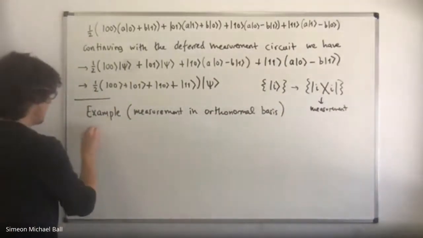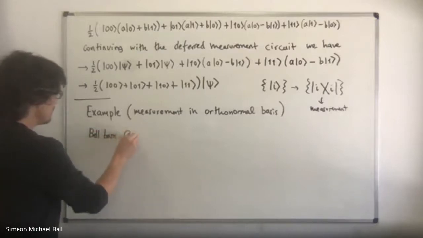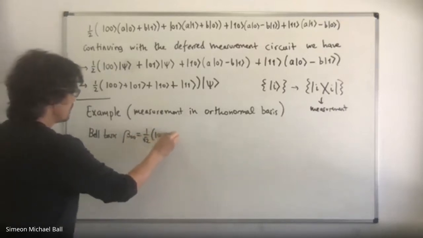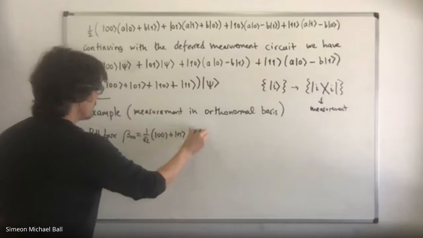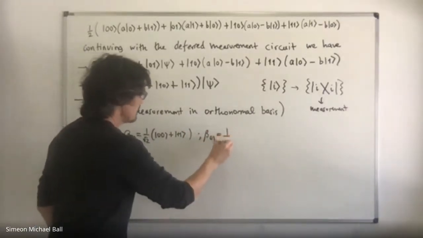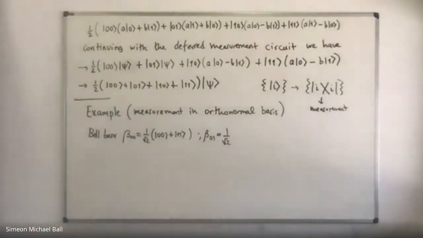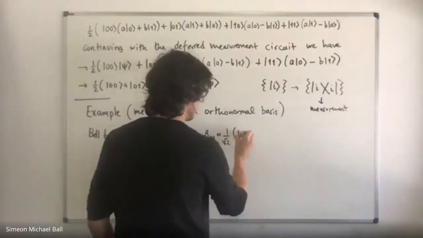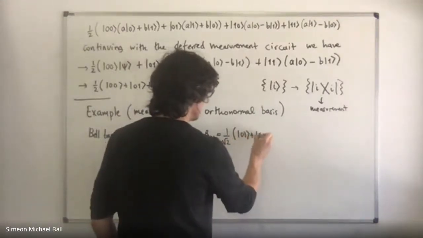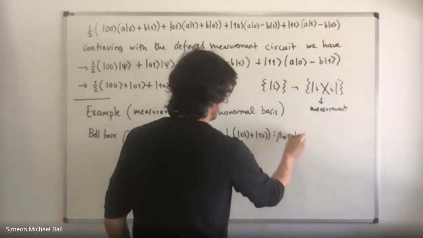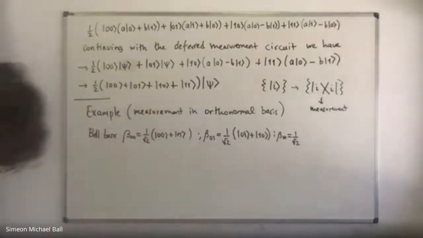And here we have the Bell basis. So beta 0, 0. Beta 0, 1. 0, 0 minus, yeah.